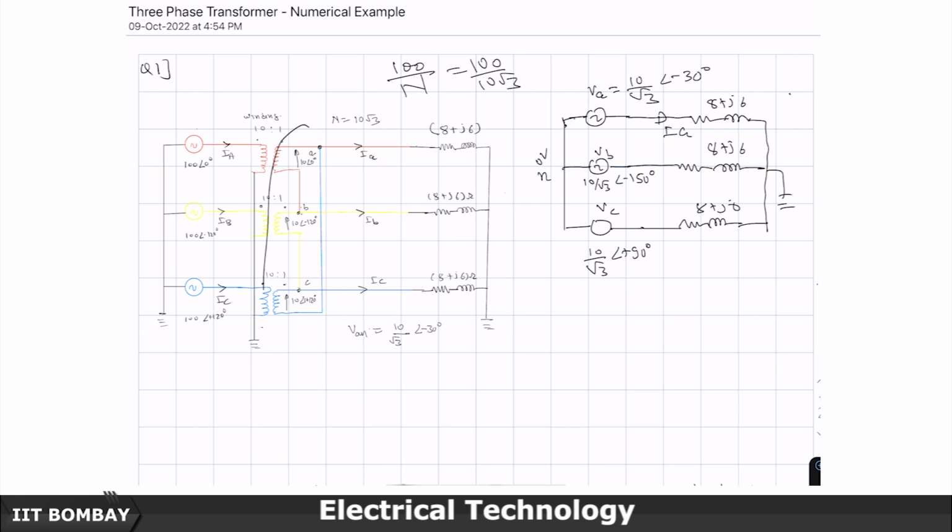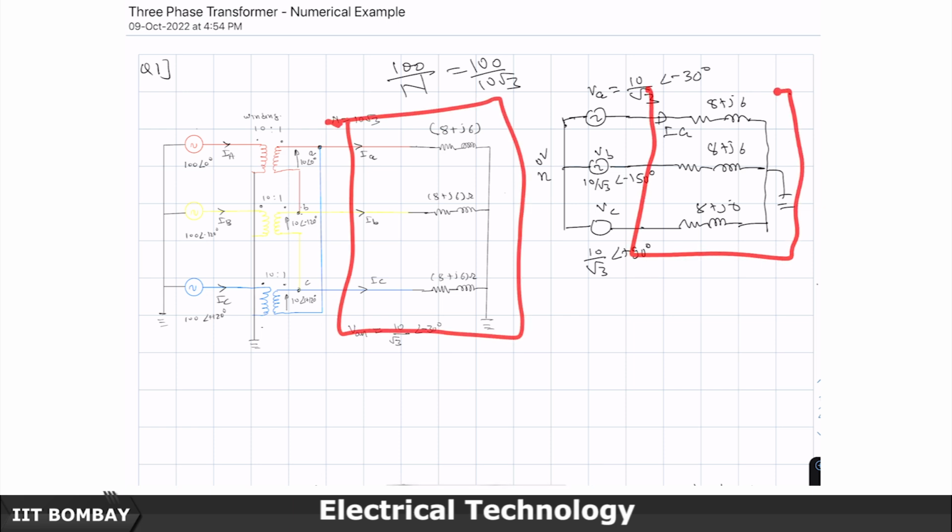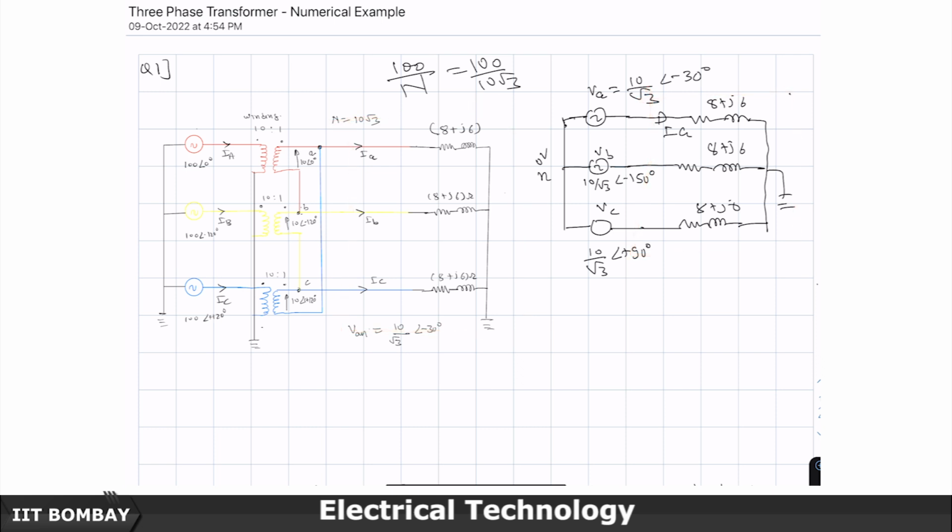I have replaced this with this, but this side is the same. So IA, IB and IC here are going to be the same. So I will get IA, IB and IC.